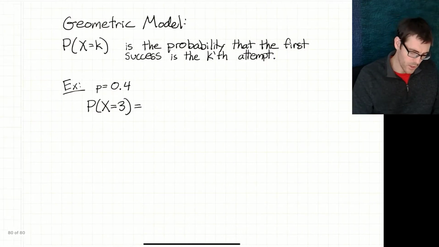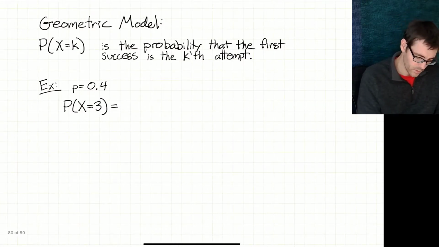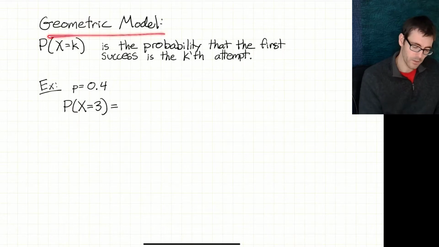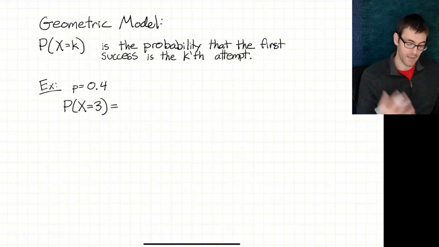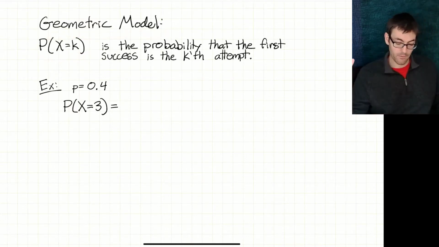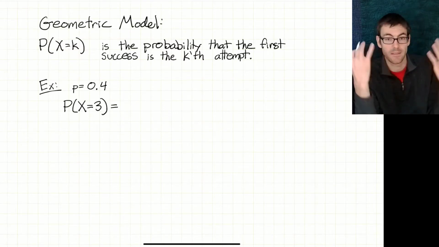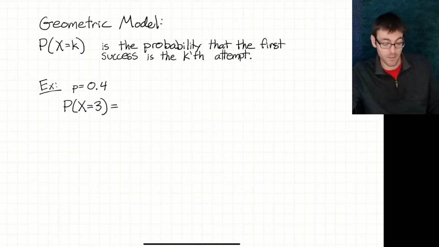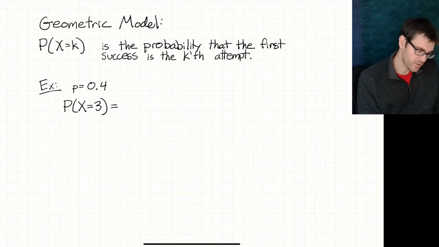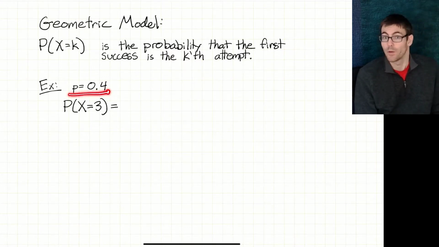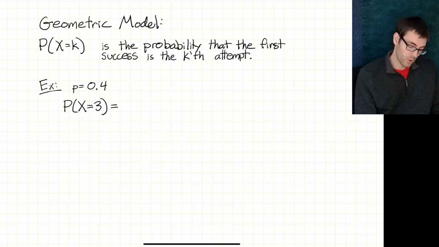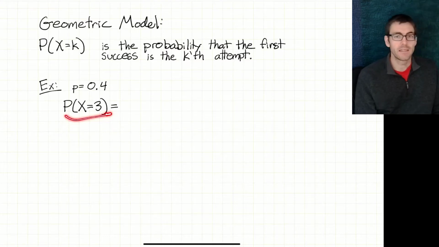Okay, so let's start off with an example of this. Again, we're working with the geometric model. We're asking the probability that the number of attempts it takes to finally get a success is a certain value. With some numbers in here, let's say that the probability of success is 0.4. And the question that we're asking is, what is the probability that it takes exactly 3 attempts in order to get a success?